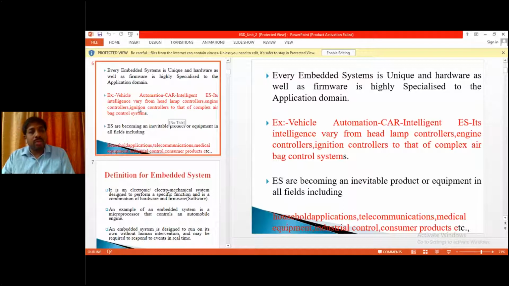And there is a priority assigned to one of the systems. So embedded system is a single system, or it can be a part of a big system. And these embedded systems are available as an inevitable product in all the fields such as household appliances, telecommunications, medical equipment, industrial control, consumer products. So these are the areas where we are seeing these embedded system products.